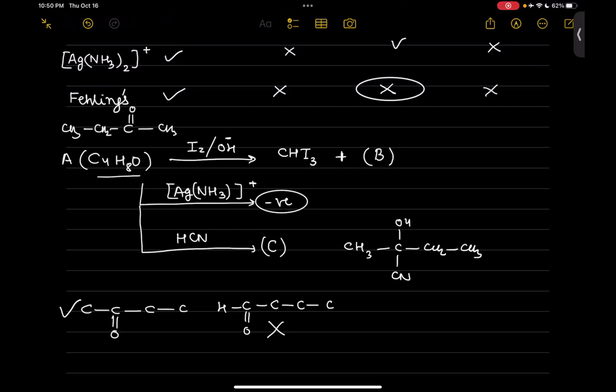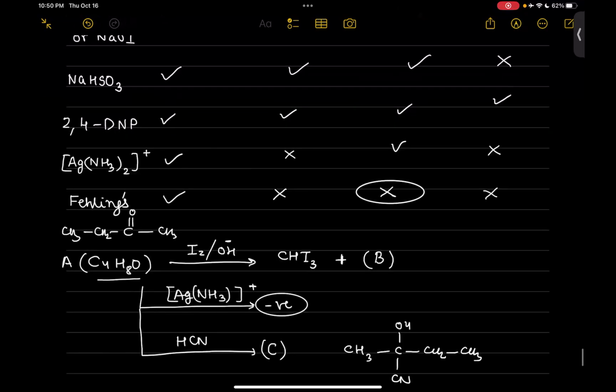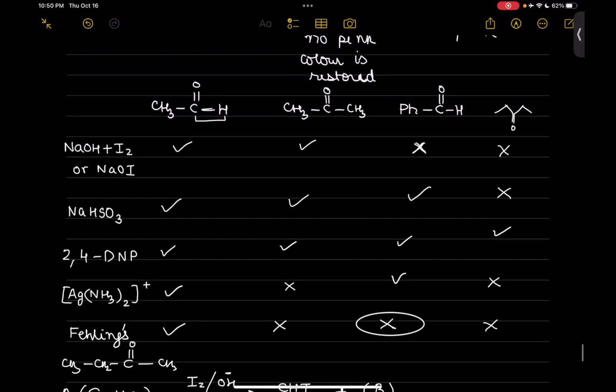Now let's move on to carboxylic acid. I hope this question is clear to all of you. Okay. And this is the test, laboratory test. They can be asked in your school viva also. Okay, so be very careful. Clear?